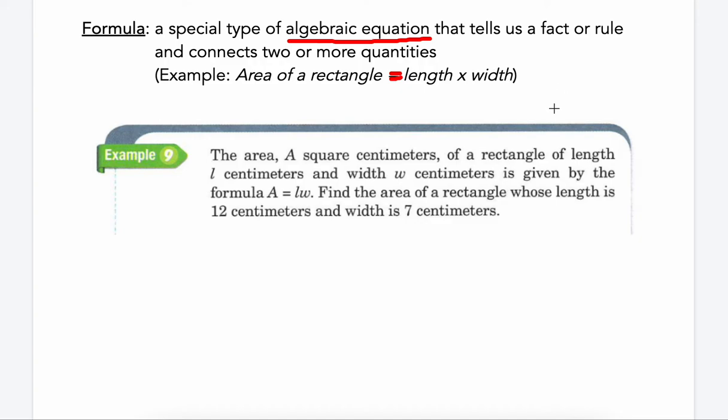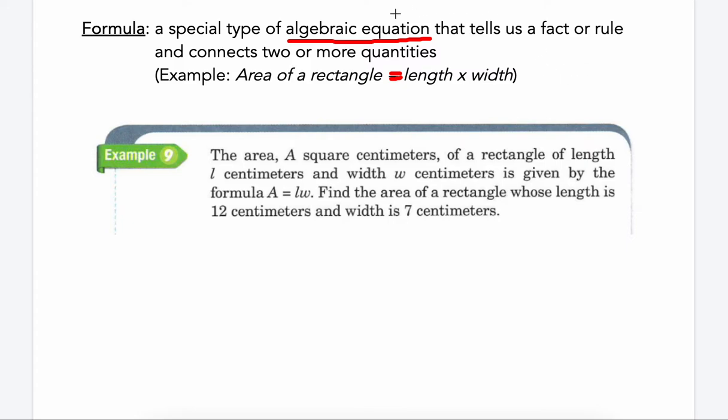So far, when we talked about algebraic expressions, we didn't really see an equal sign, right? When we got an answer at the end, it just kind of was a number. It didn't say something was equal to that number. So an algebraic equation will actually give us an equal sign at the end and a value that is probably equal to a variable, as an example.